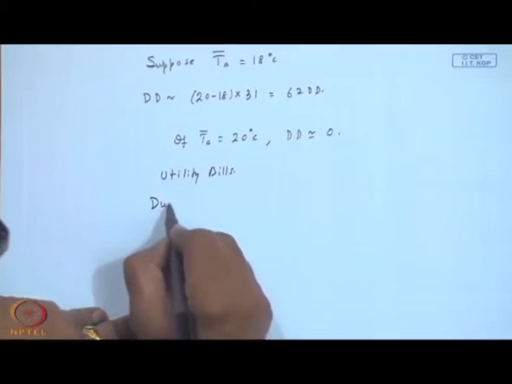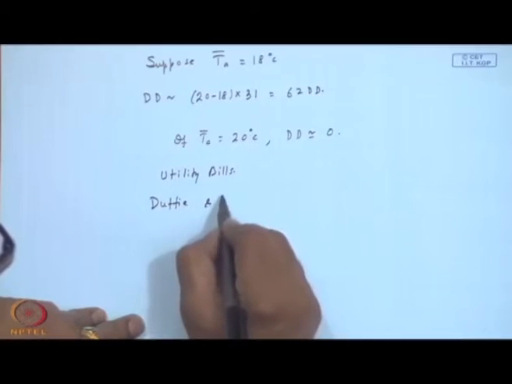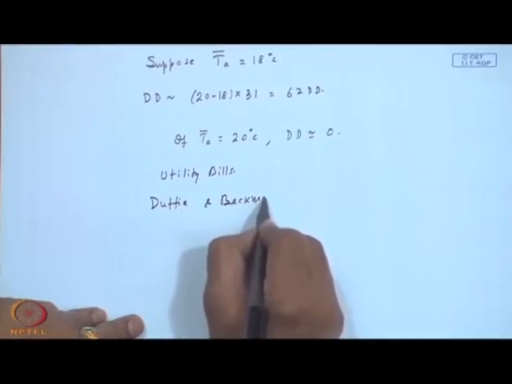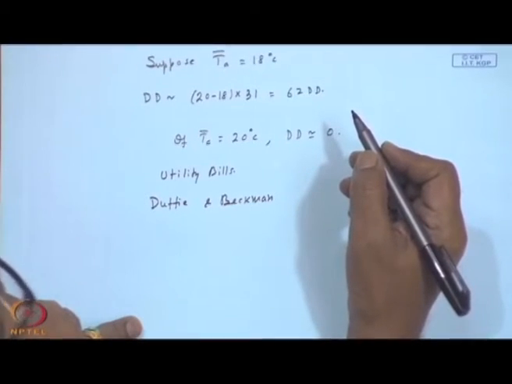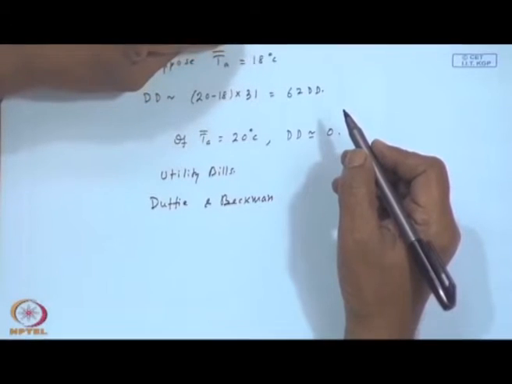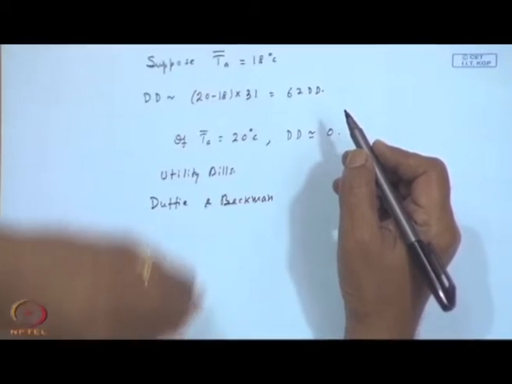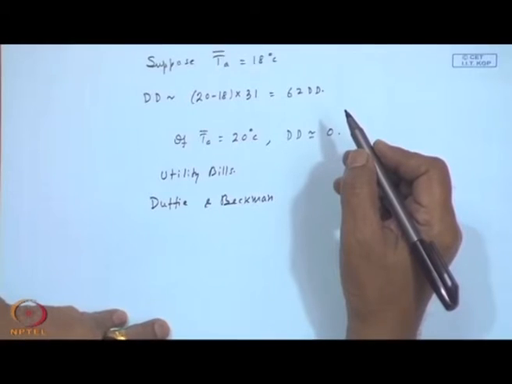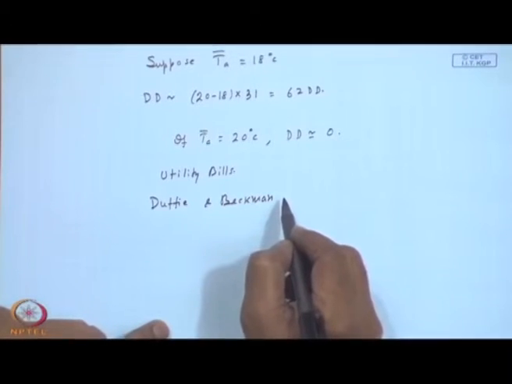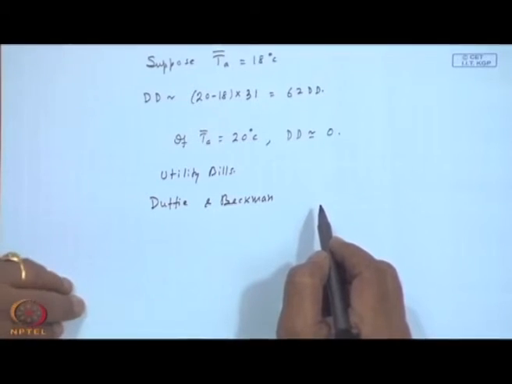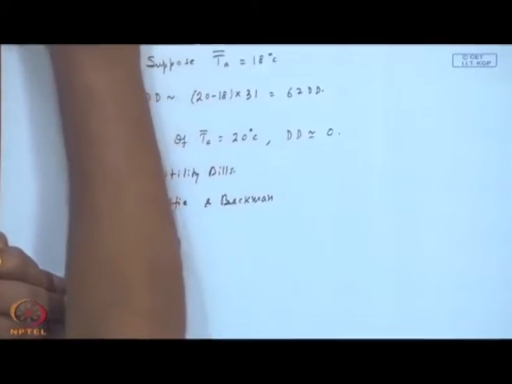You can see the data given in perhaps the textbook by Duffie and Beckman, because that has a large database, 240 locations or so, and the latitudes are much higher than the latitudes in India, in Northern America, where the ambient temperatures are much lower. So, you will have a good number of degree days of heating requirement, and hence you can check the formula and approximate formula. Okay, that is about the degree days.